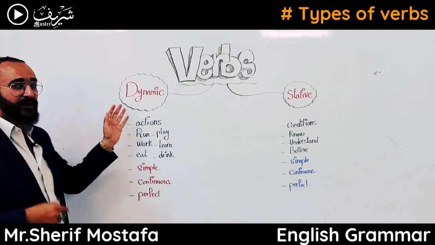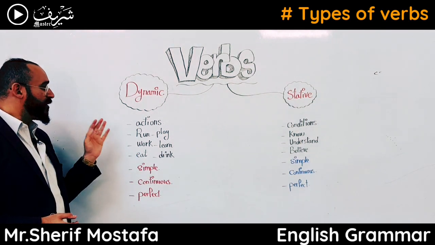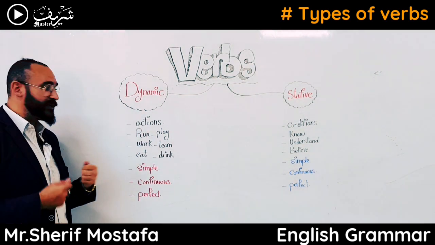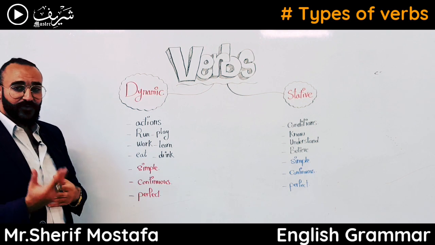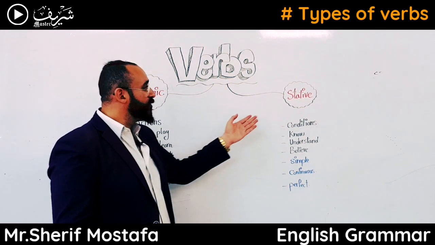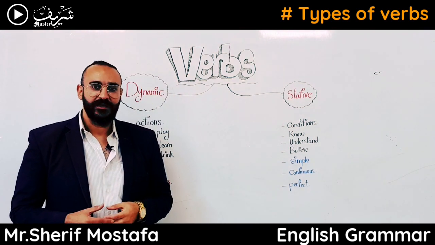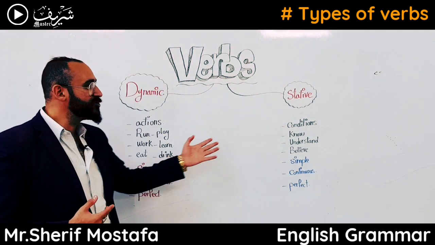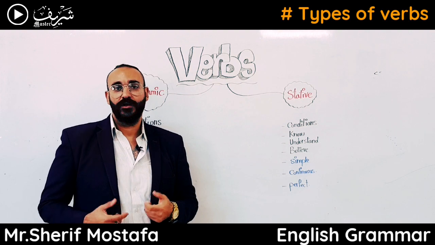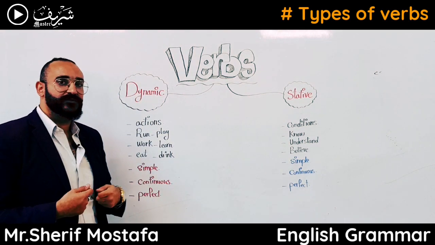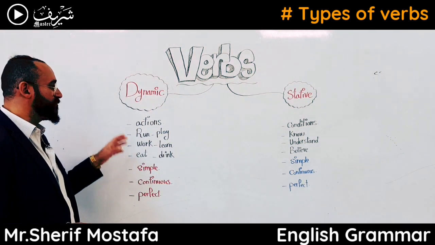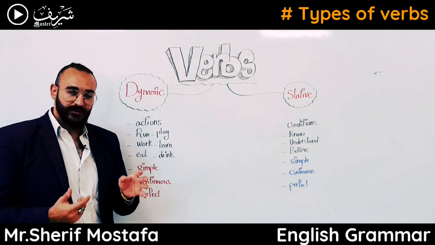So the first type of verbs is dynamic, which is related to actions. And for the second type, we have the stative verbs. What's the meaning of stative? Stative refers to a condition or a state. So you don't have to move, or you don't have to make a physical movement.